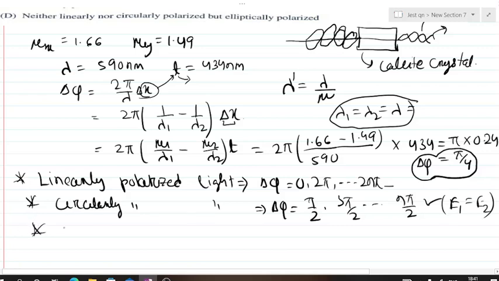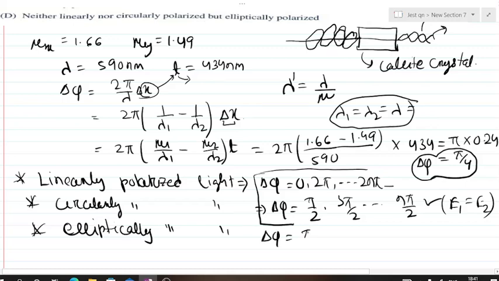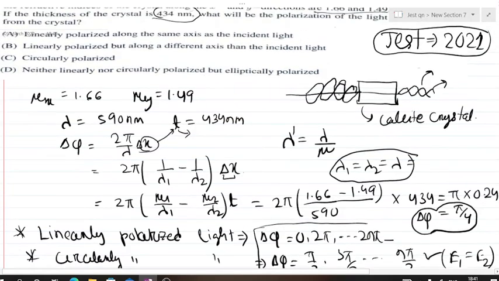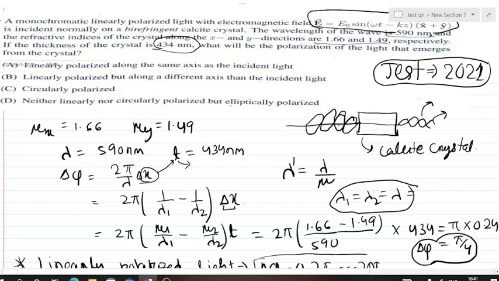And in case of elliptically polarized light, any phase difference other than these two will be elliptically polarized, whether the amplitude is the same or not. So here the phase difference is pi by 4. That's why the emergent ray will be elliptically polarized. This is our option D.